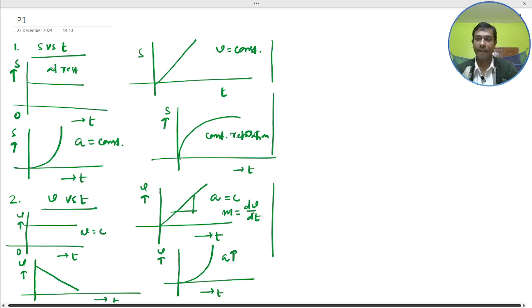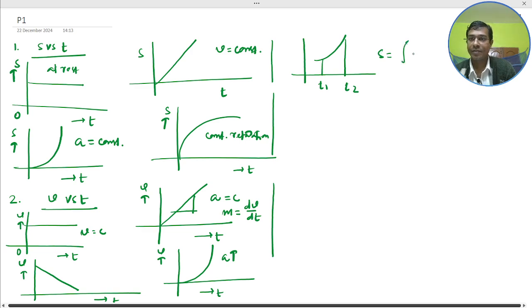Second one, suppose this is the graph and this is time t1 and this is t2. So the area between times t1 and t2 gives the distance travelled in that duration, defined as s equal to integration of v dt.